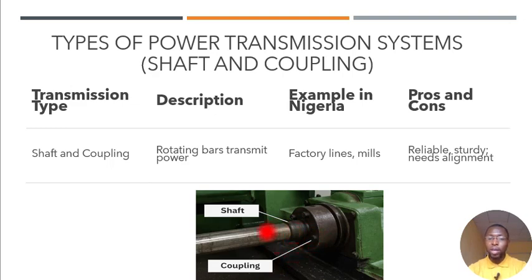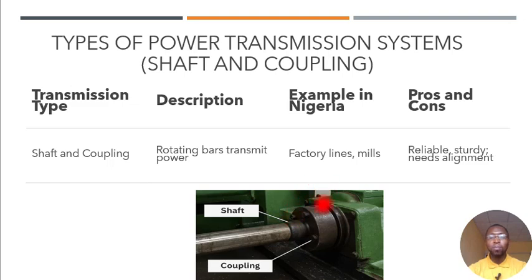As this shaft is rotating, it transmits power to the point where it is needed. An example of such a machine is the mills, maybe the grinding mills. As it's rotating, power is transmitted to the point where the grinding is needed.